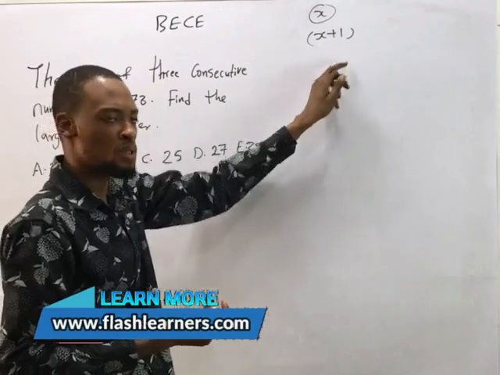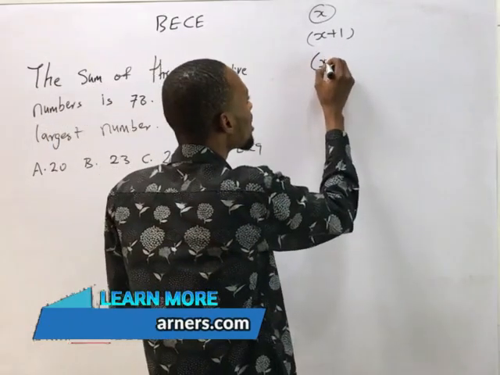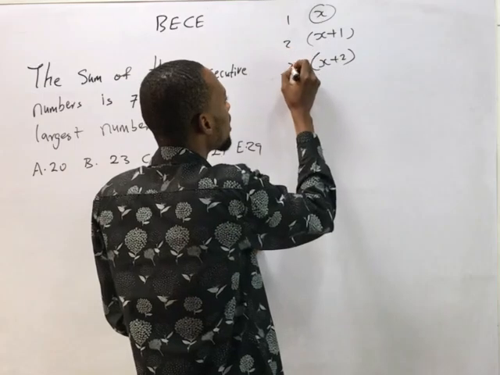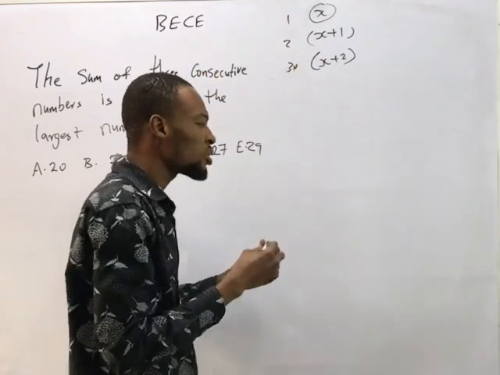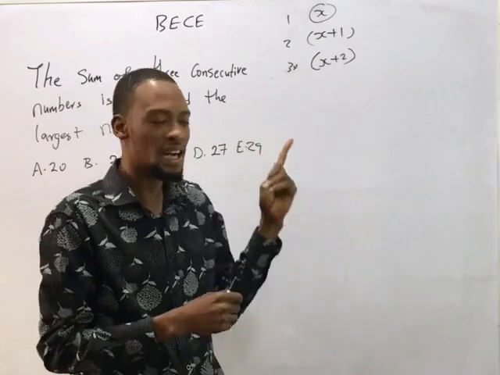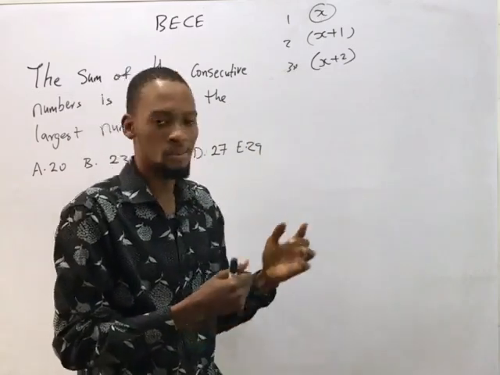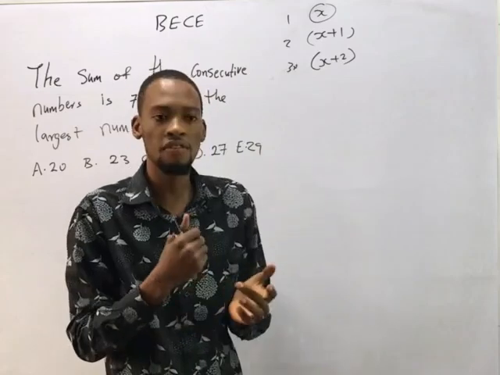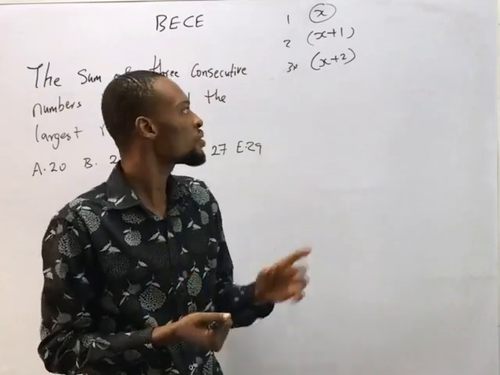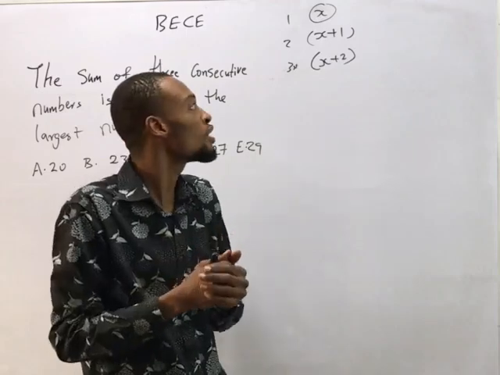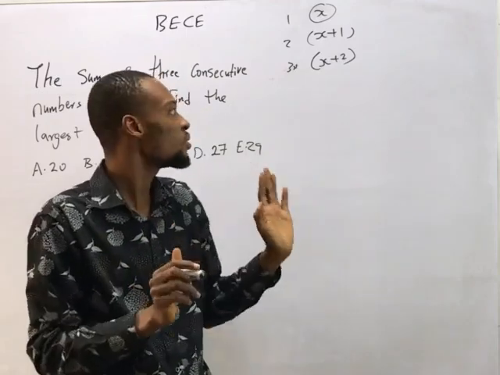If the second number is S plus 1, then the third number will be what? S plus 2. So this is the first, second, and third. If they have told us 4 consecutive numbers, you can take the first number as S, the second number will be S plus 1, the third number will be S plus 2, and the fourth number will be S plus 3. If it were 2 consecutive numbers, you can take the first number as anything, let's say A, then the second number will be A plus 1. So that's how you do it.